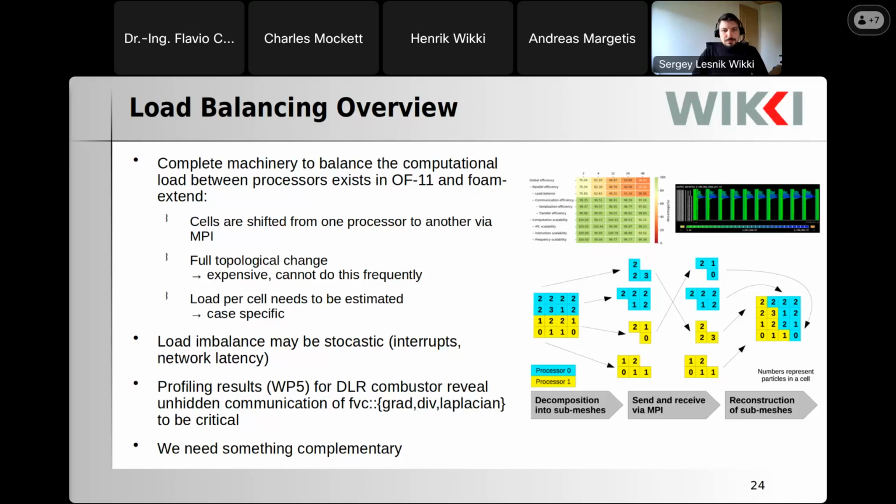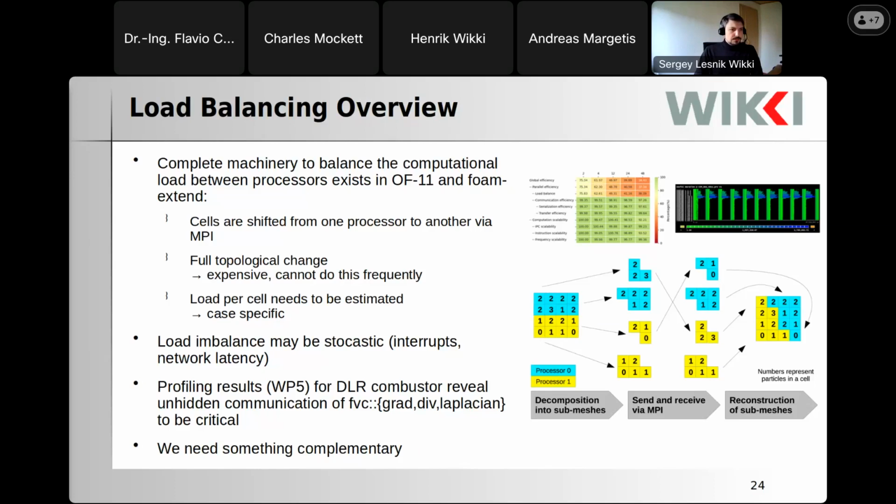And we have all of that machinery in various versions of FOAM, in FOAM Extend, but also in OpenFOAM 11. The way it works there is that you shift cells from one processor to another using topological changes. And that's depicted on the right-hand side.